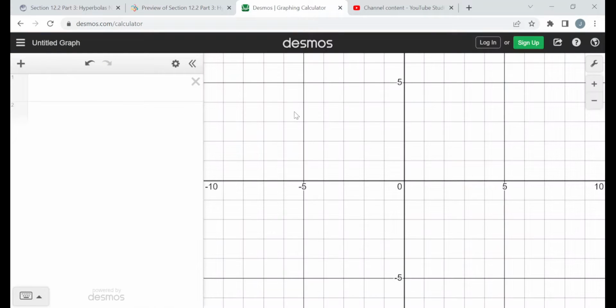So back on, this is a free online graphing calculator, right, at desmos.com. So first I'll enter the equation they gave us, the equation we started with, 16x squared minus 9y squared plus 72y minus 288 equals 0.